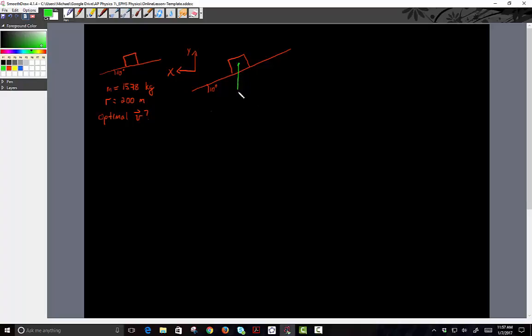So we have weight, and then we have normal. Oh, that's terrible. Let's try to get it perpendicular. Okay, there's my normal force. So you have to not get confused with an inclined plane problem.